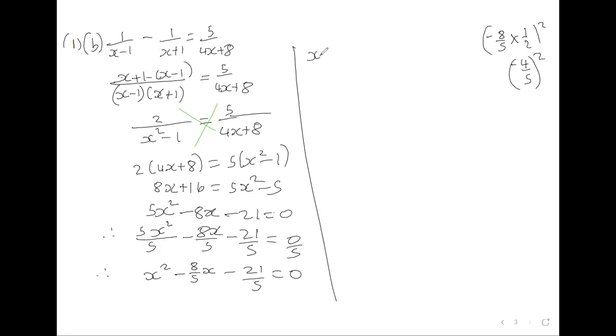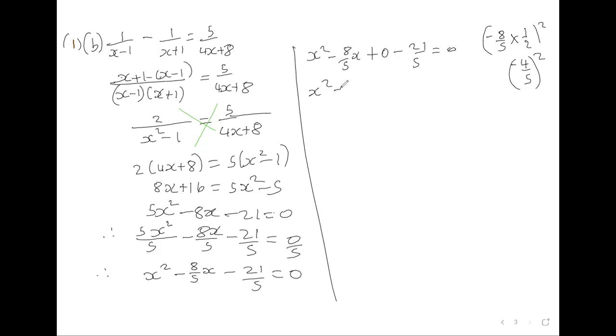So we have x squared minus 8 over 5x. So this also implies we're adding a 0. You know that adding a 0 doesn't change anything. It still remains the same equation. So now this 0 is the one that will be written in terms of the square of half the coefficient of x.